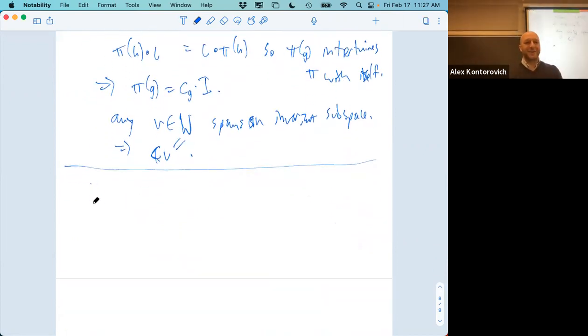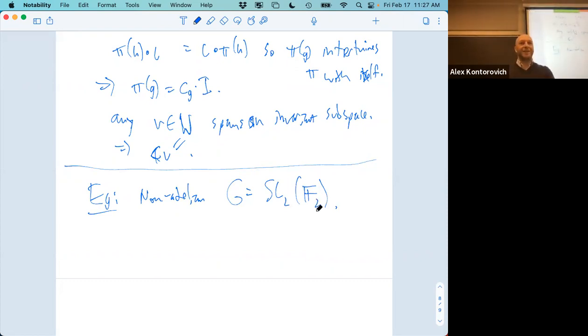Let's try to do an example of a non-abelian group. The smallest one I like to play with is SL2 F2. I think we're going to understand groups like this very well and try to understand their irreducible representations and subspaces and so on.